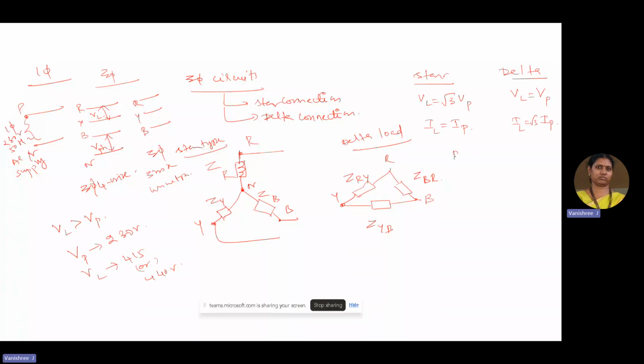And coming to the power equations, since it is a balanced load, the real power, phase voltage into phase current multiplied with cos phi, gives the single phase power. If we multiply it with 3, it will give us the three phase power.